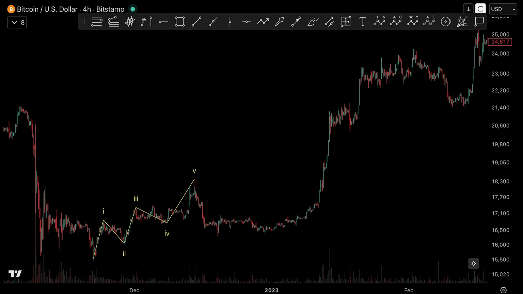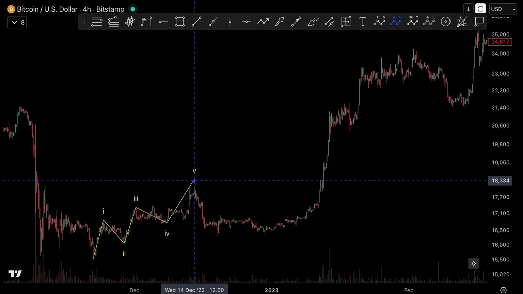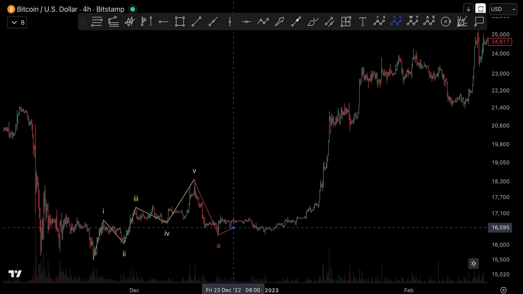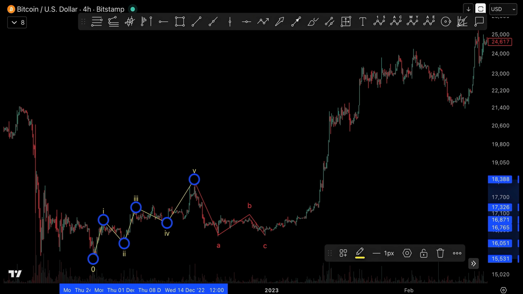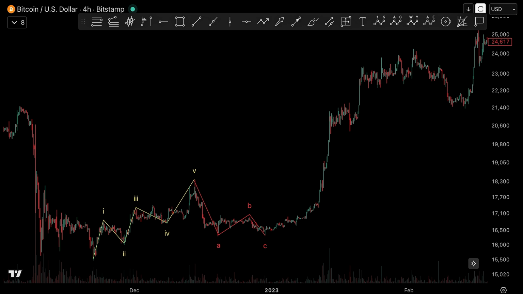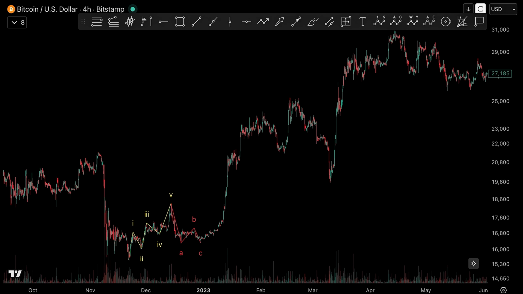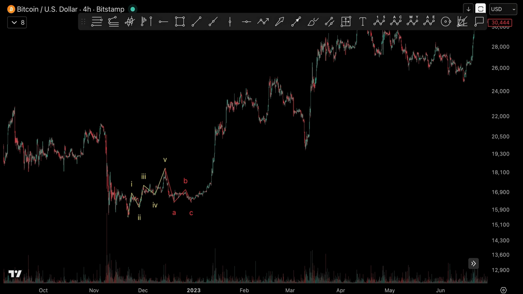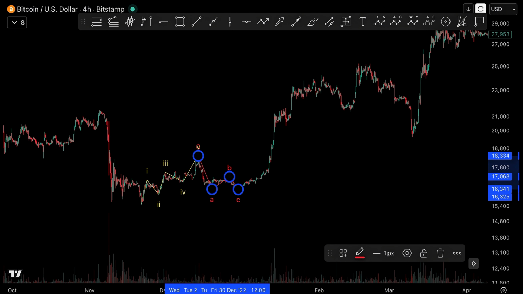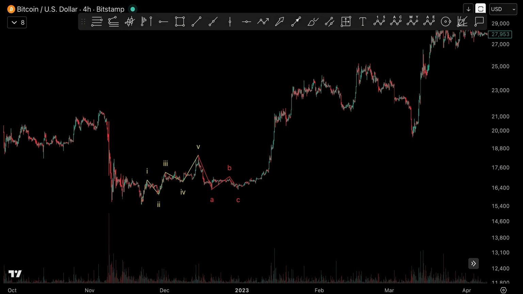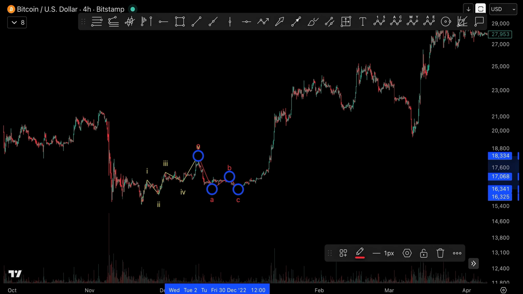And then we had the correction A, B, C. This was that A, and this was that B, and this was that C. So in this kind of chop here, it is very difficult for traders to understand whether we have turned into a bullish market already, or we are still making lower highs and lower lows. But here you can understand after this ABC correction that we had made a higher low and the market wants to go higher.